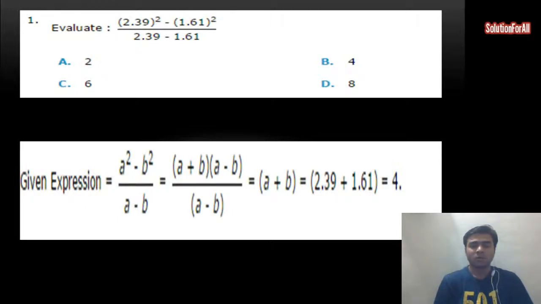That's equal to (2.39 plus 1.61) multiplied by (2.39 minus 1.61), and the whole numerator is divided by 2.39 minus 1.61. So we can easily cut the similar terms from numerator and denominator, that is 2.39 minus 1.61. So we get the final term, that is 2.39 plus 1.61, and that's equal to 4. So 4 is the correct answer.